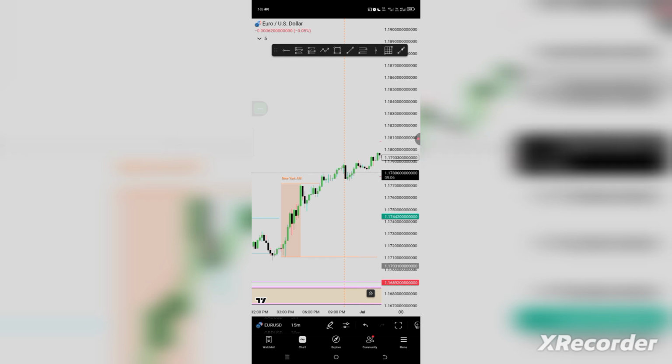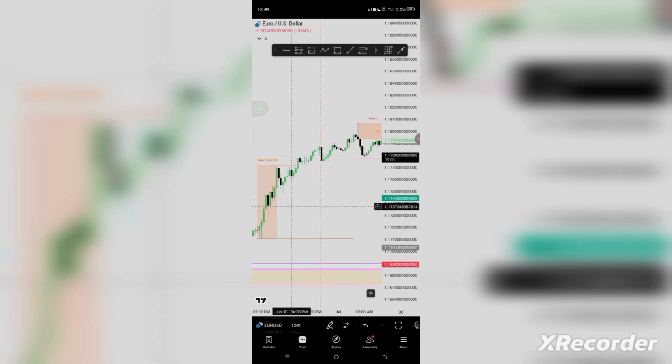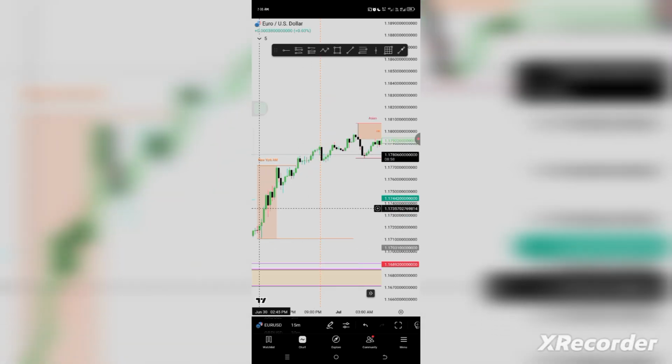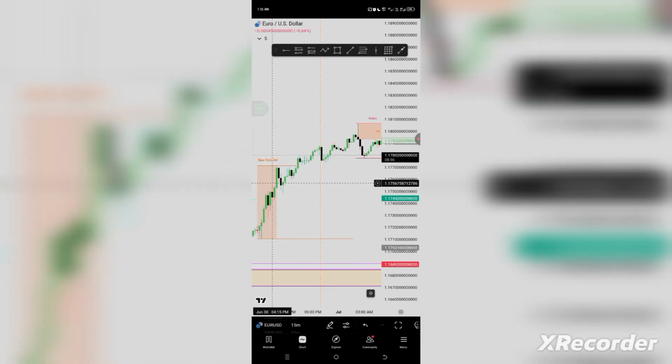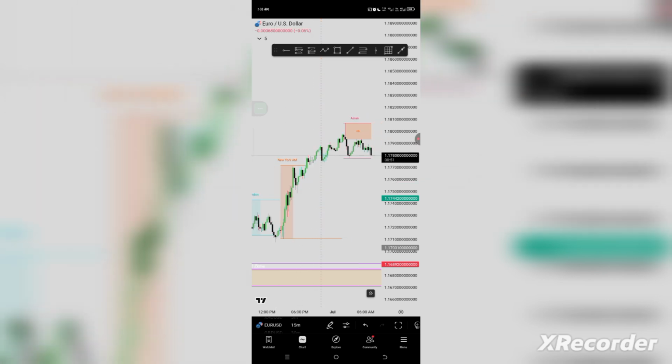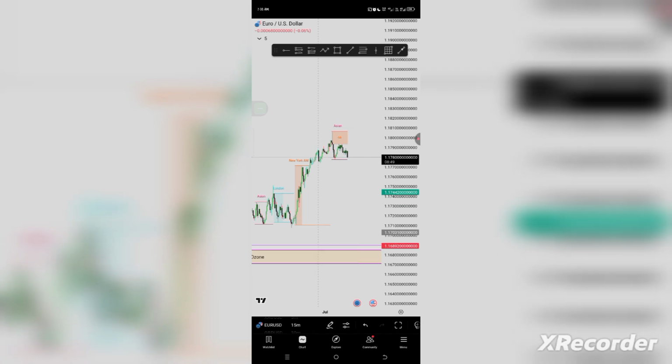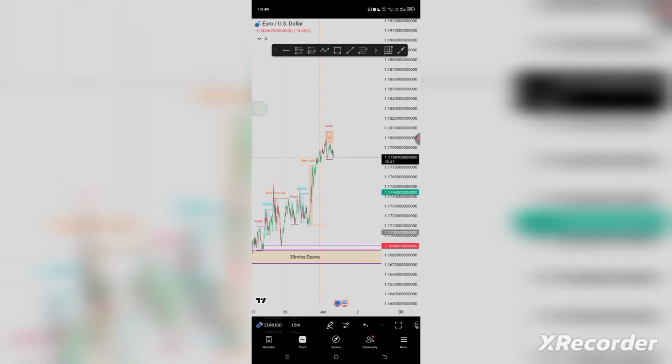But then this imbalance has been mitigated, and this one too. So I don't think we have a clear direction. The market is just consolidating.